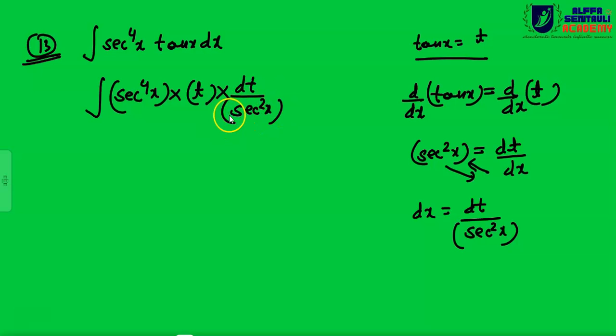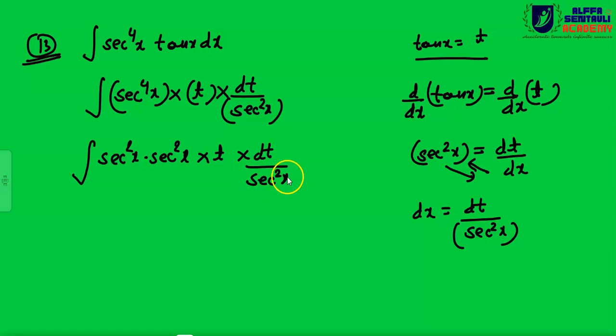Let us write it in a simple way, so that this sec power 4x can be written as sec square x into sec square x. Then only it will become sec power 4x, correct or not, beta? Correct. So now let us cancel the common term, sec square x and sec square x will get cancelled out.